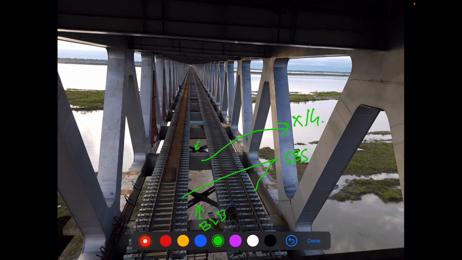What else is visible? I think the sway girders are also visible over here, and these are the components of a truss. These are basically diagonals. There is no vertical over here. Vertical is not provided by design.